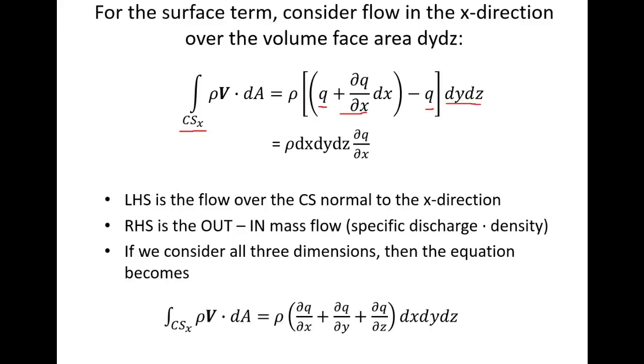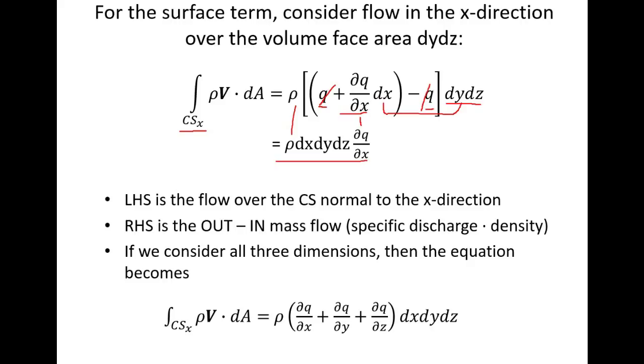If it's traveling in the x direction, the area of the face that it's traveling into is dy dz. So put that together, you get density times, and these two terms cancel out. You end up with dx dy dz times density times the gradient in Darcy velocity.